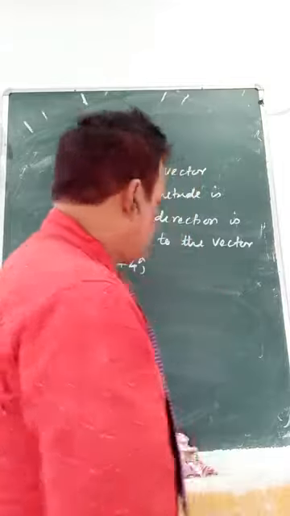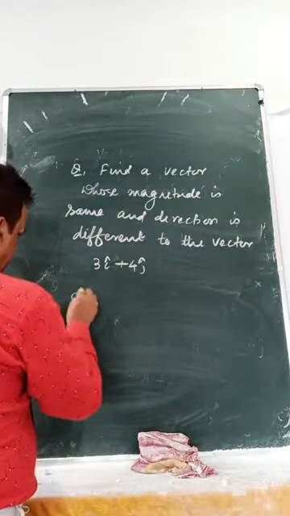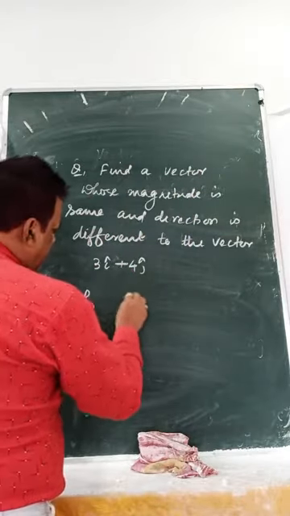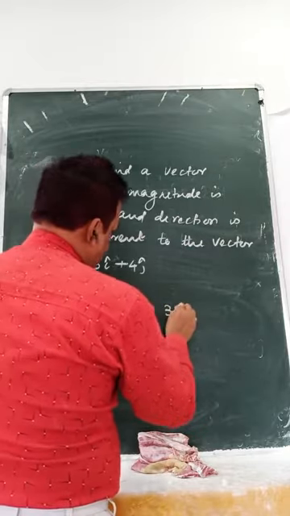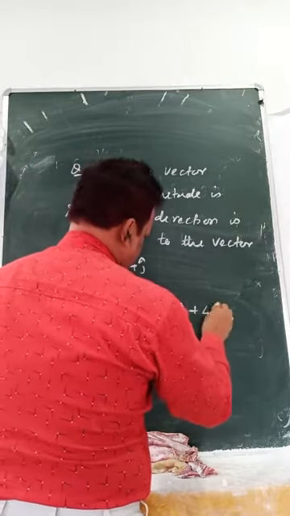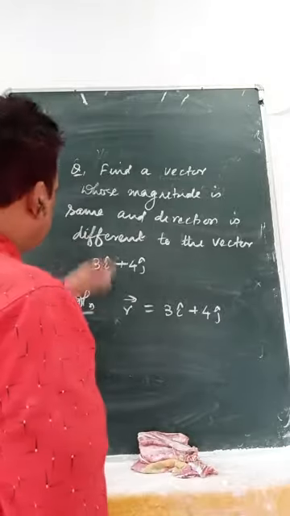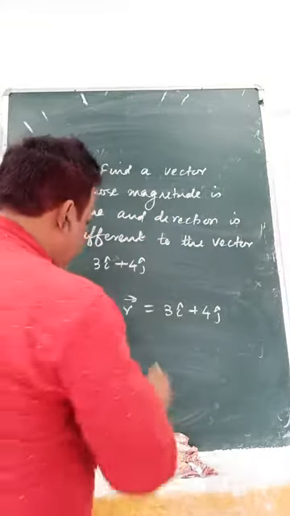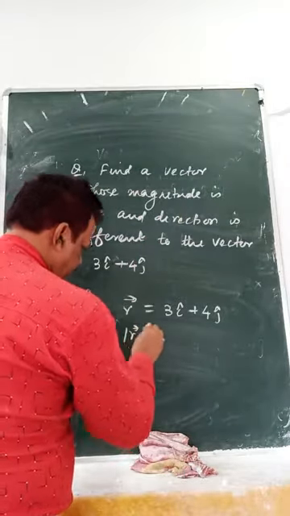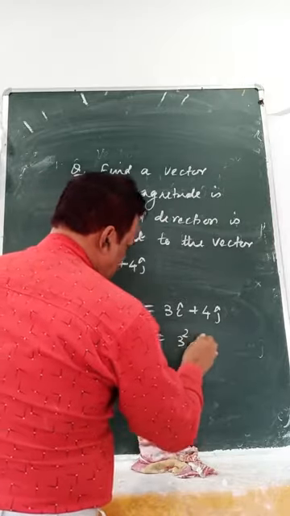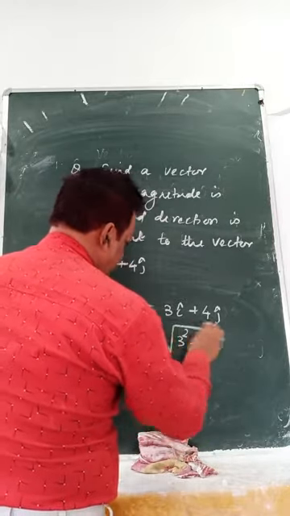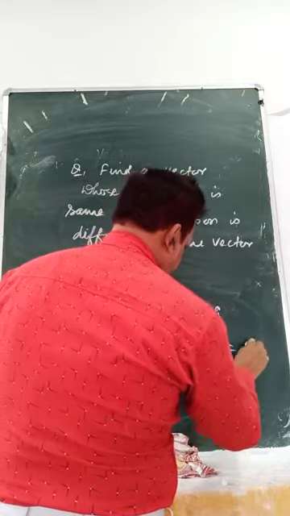Okay, suppose I write R vector equals to 3i plus 4j. Magnitude has to be same. Just look at here, what is its magnitude? That is root of 3 square plus 4 square, that is 5.